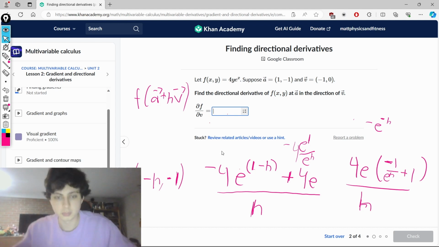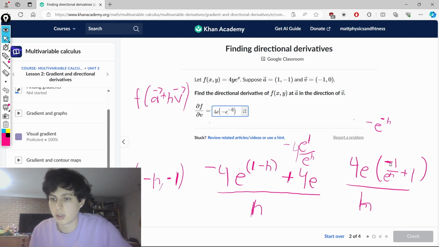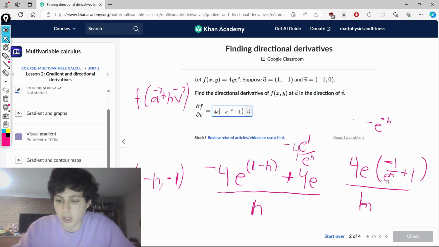See if we can learn anything. That's what we're here for, right? Trying to learn. 4e negative e to the negative h. That's gonna be this term. Negative e to the negative h plus 1.